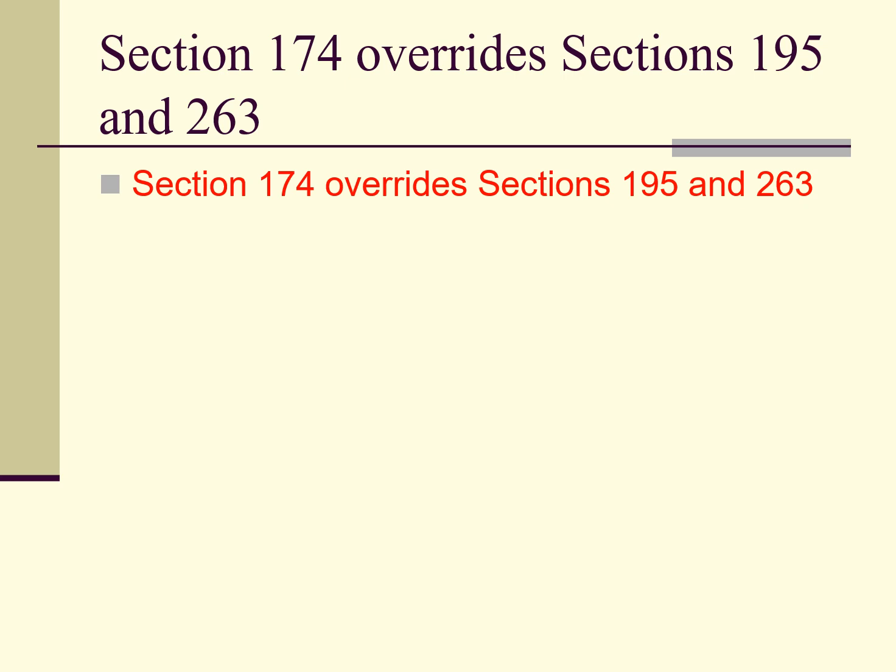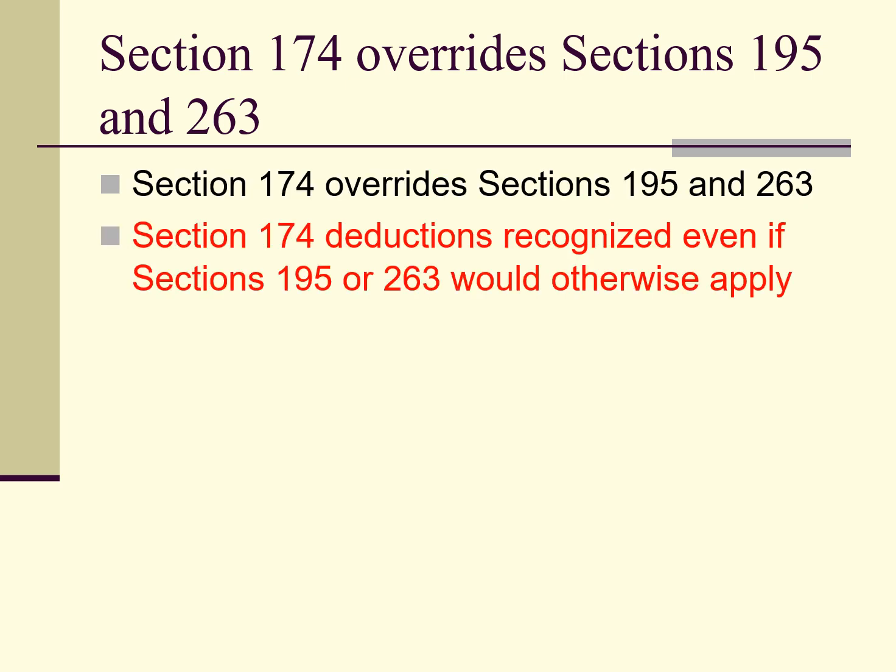Section 174 overrides Sections 195 and 263. This means that any deductions available under Section 174 can be recognized even if Sections 195 or 263 would require capitalization and amortization starting after active business operations begin.